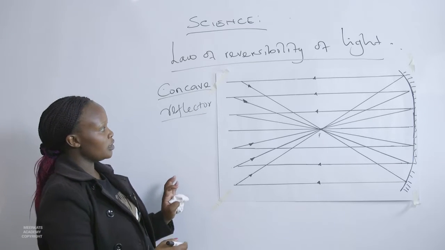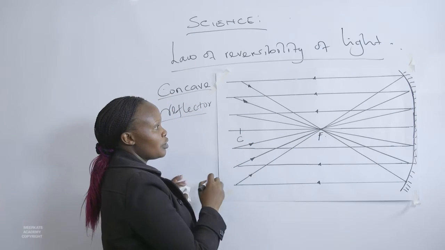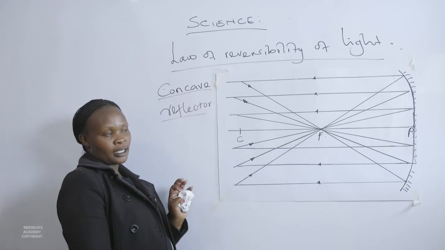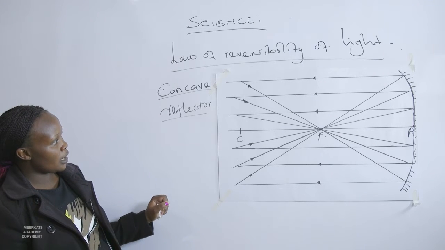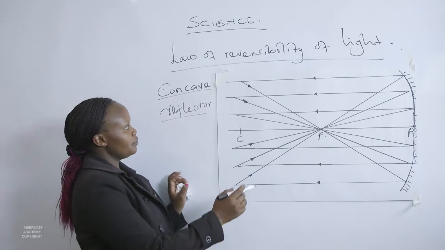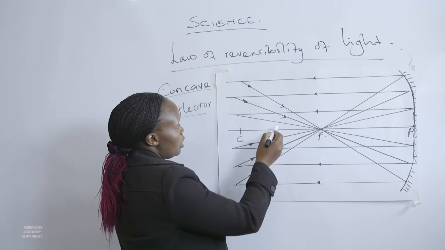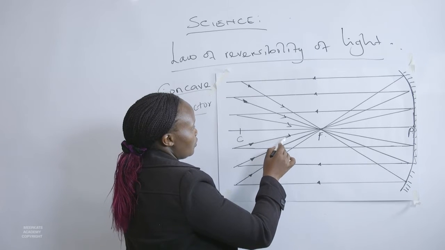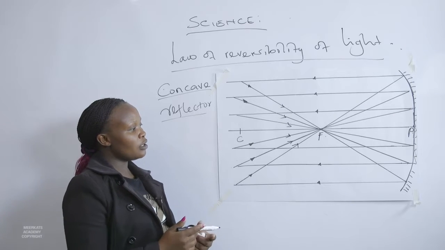For a concave reflector, this being our F, our C is somewhere there, and then we have our pole there. Now, these rays that we are considering are rays through F. The direction of travel is through F to our reflecting surface, like that.